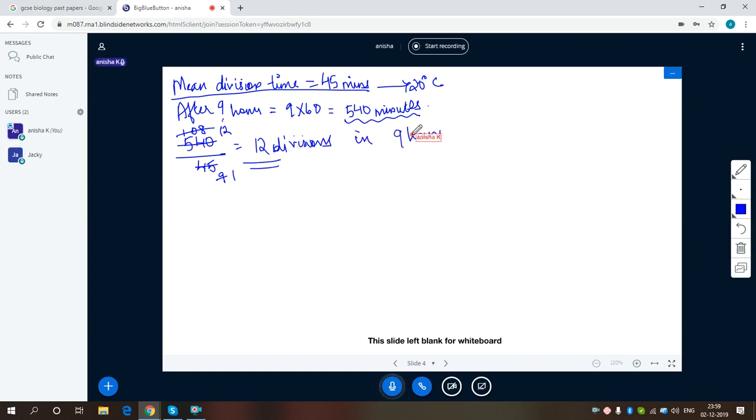But what are we supposed to find out? We are supposed to find out how many bacteria would be there in the population. We have to calculate the number of bacteria, right? So we are going to put this 12 in, bacteria, second bacteria, so 2 to the power 12.